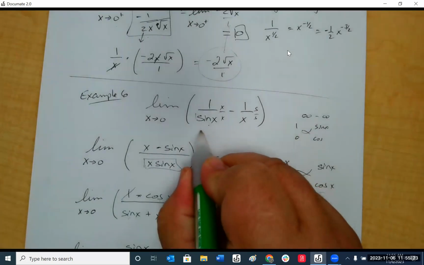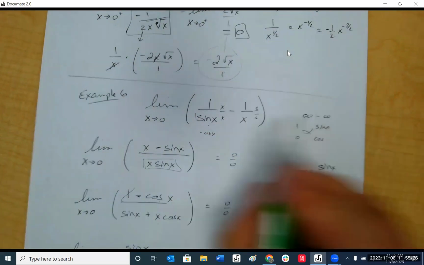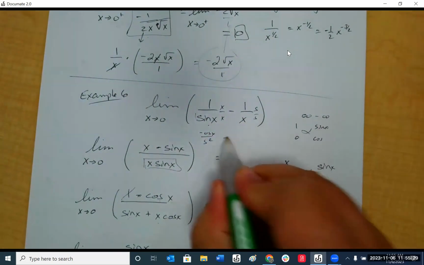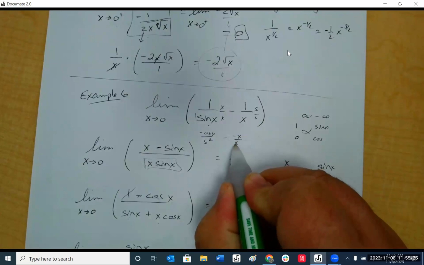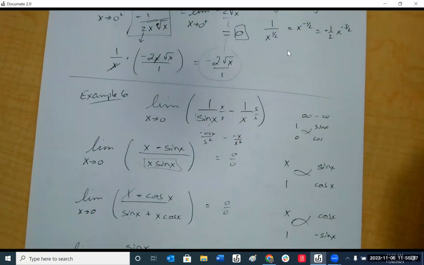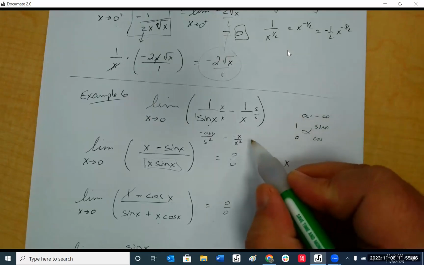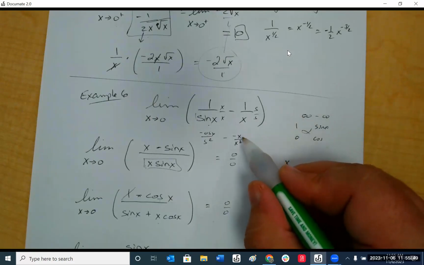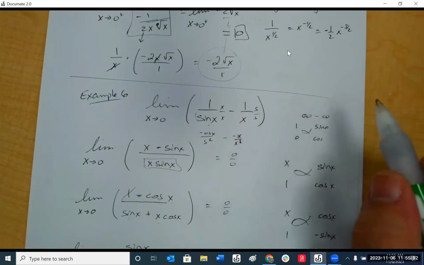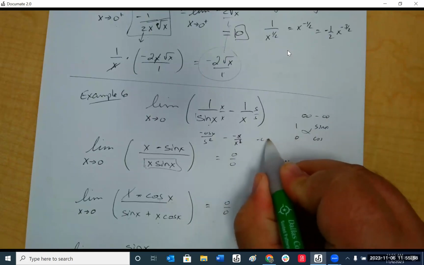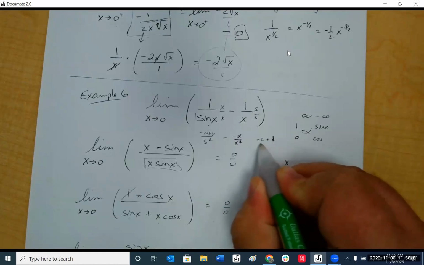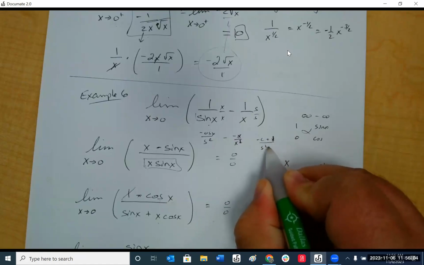So we would have negative cosine over sine squared, negative x over x squared, cancel out one of the x's here. So we have negative cosine plus 1 over sine squared.